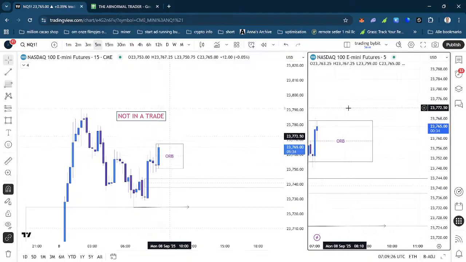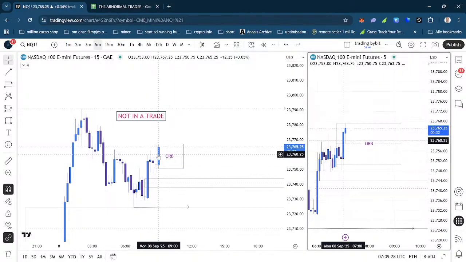The candle of 9 was already passed, so what can we see here? This candle, why is this different?